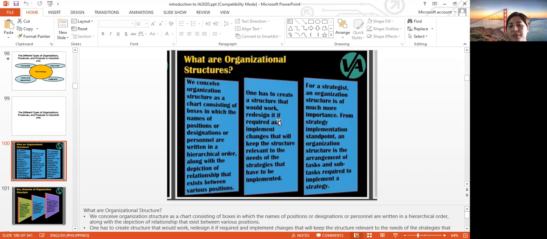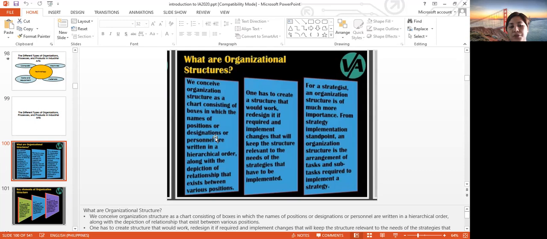Okay, for the third box, for strategies, an organization structure is of much more importance. From a strategy implementation standpoint, an organization structure is the arrangement of tasks and subtasks required to implement strategy. So just like what I said a while ago, organizational structure will guide us on who we are going to approach in every task that we will be accomplishing.